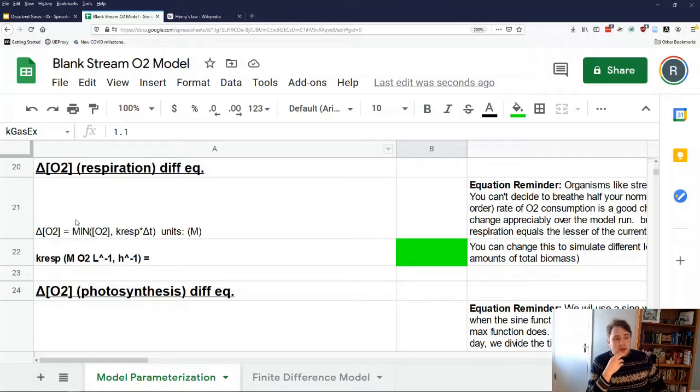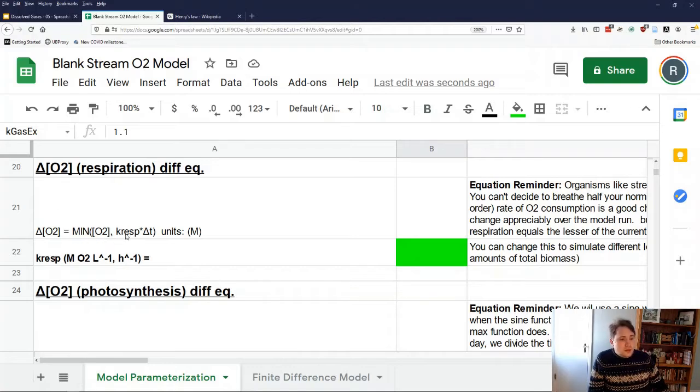The respiration rate constant for this formula here, the change in oxygen, is the minimum of the actual concentration of oxygen now, or this rate constant multiplied by the change in time. And why did I do this minimum function? Well, say that this function here predicts a concentration of oxygen that's greater than the present concentration of oxygen. Then that would result in a negative concentration of oxygen produced in the system using this model, and we don't want to do that.